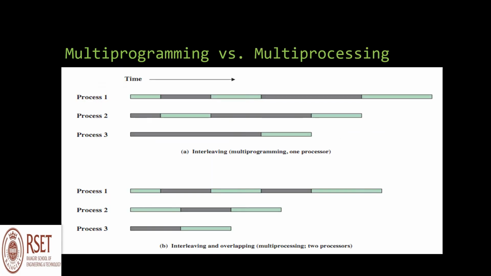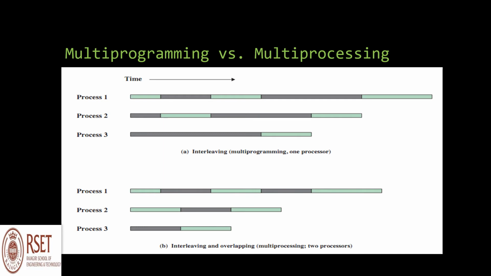Now, this figure shows you the difference in multiprogramming and multiprocessing. Figure A depicts multiprogramming and figure B depicts multiprocessing. Now, what do you understand from this figure? Multiprogramming is a technique to execute number of programs simultaneously by a single processor, which means in multiprogramming, number of processes are residing in main memory at a time.